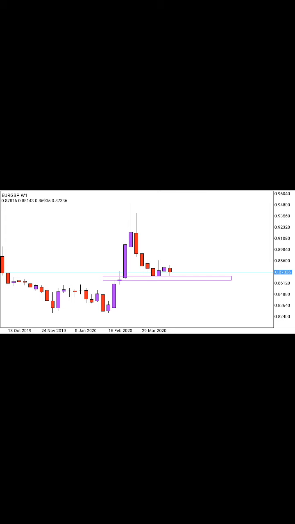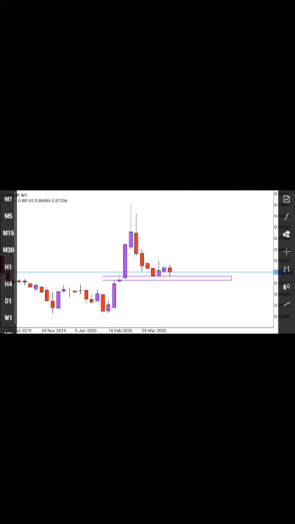Very small candles, okay? Small candles mean there's not much momentum. And usually for candles that have very small momentum, it's a waste of time to trade actually. Most probably I will not take Euro GBP.